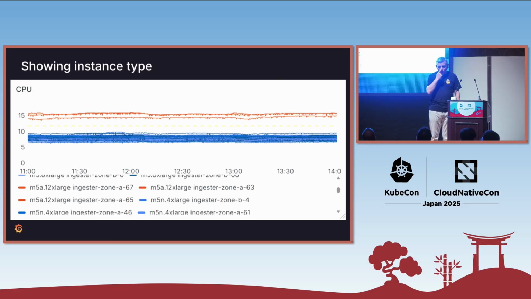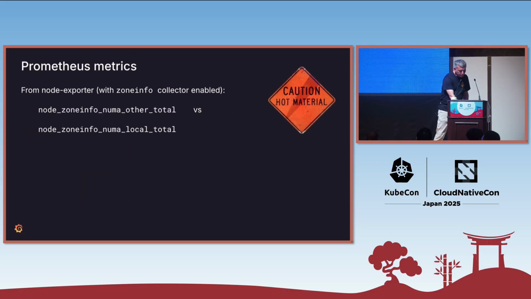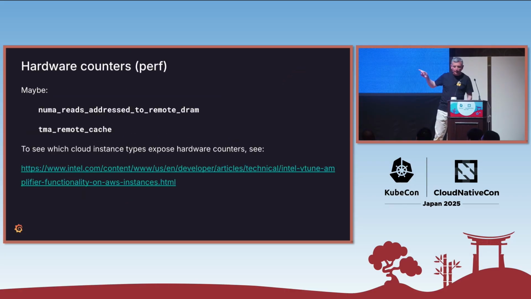Yeah. So that's this guy, yeah. So not those ones, but in perf. Perf is the tool that will give you those on Linux, those very low-level hardware metrics, hardware counters. And so again, check this list.